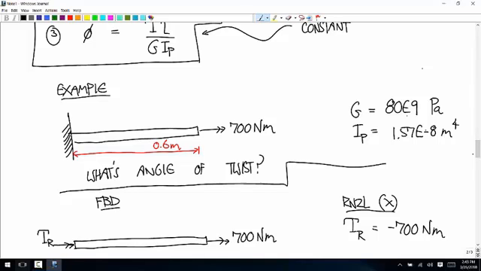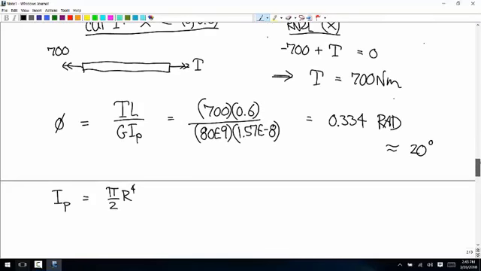You'd get a much bigger value of that polar moment of inertia. And so in this formula you'd be dividing by something big, and you'd end up with a much smaller value of the angular twist. Any other questions?